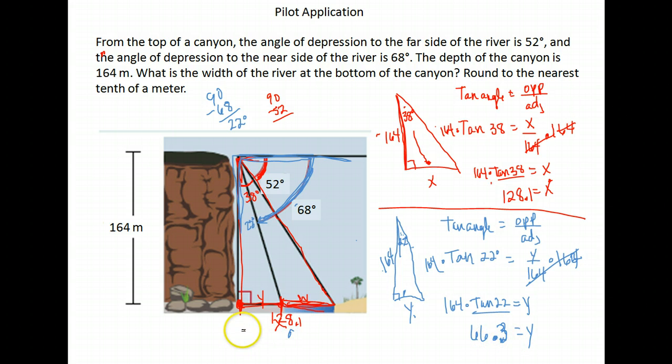So if I go back to my figure, what do I have? I have the distance all the way from the canyon to the far side of the river is 128.1. This part to get to the river is 66.3. So the width of the river, the part I'm trying to find, I can find by taking 128.1 minus 66.3, and that will give me my width.